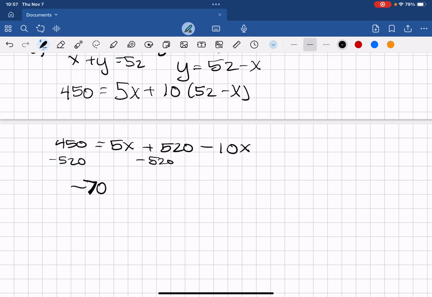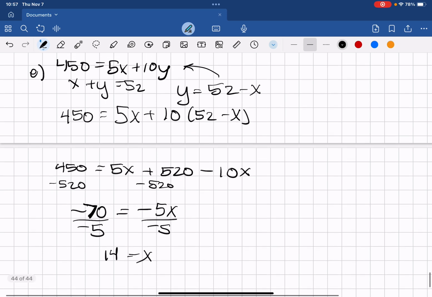Yes, that's right. Okay. It is equal to 5x minus 10x, which is going to give us negative 5x. If we divide by 5, we're going to get 14. All right, so our x is 14. So now we are going to plug it back into this equation up here.